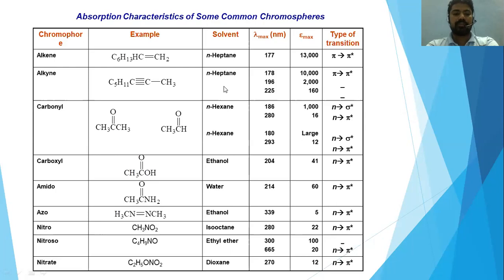Right. So this 2-octyne molecule undergoes a π to π star transition because it has a triple bond in it. This alkyne molecule will exhibit three kinds of absorption bands. One is at 178 nanometer wavelength, another one is at 196. Finally, it will also exhibit a band at 225 nanometers.